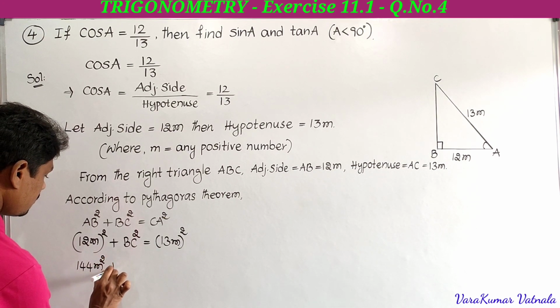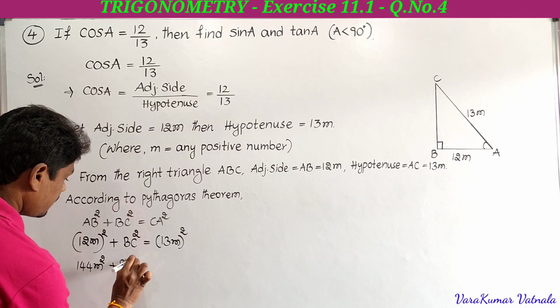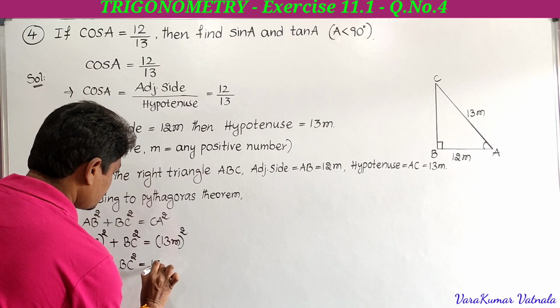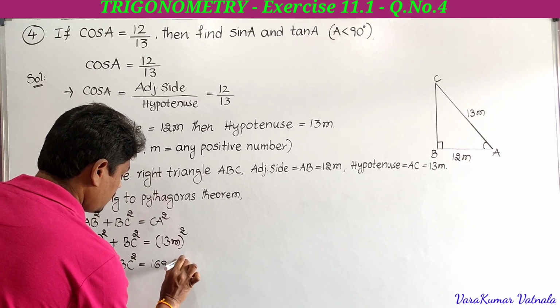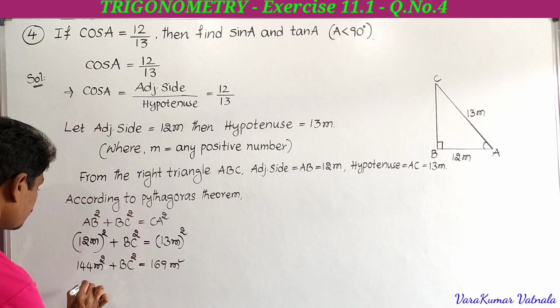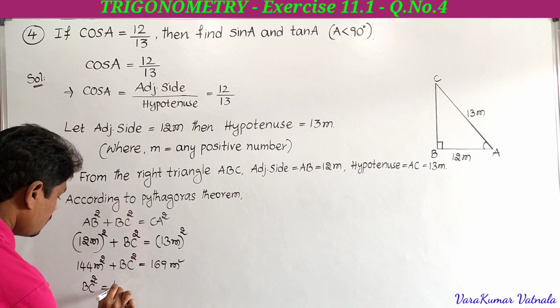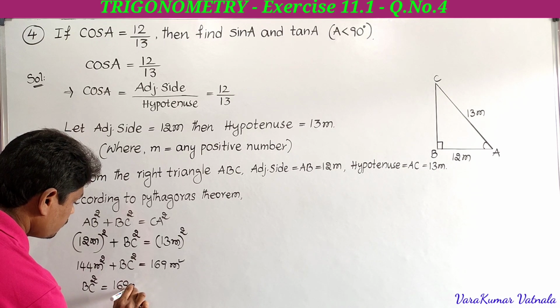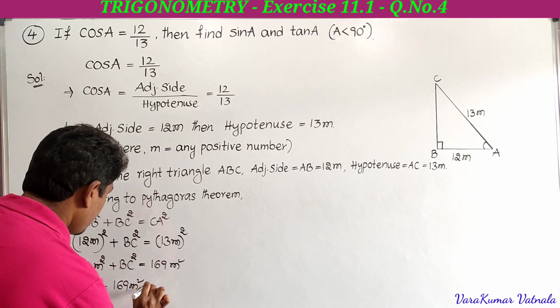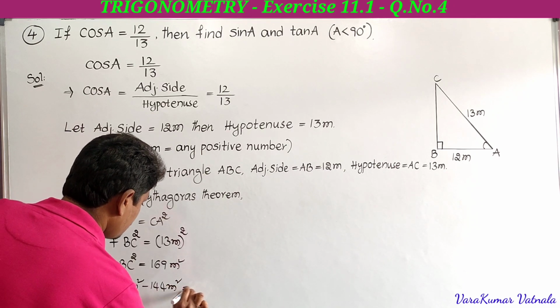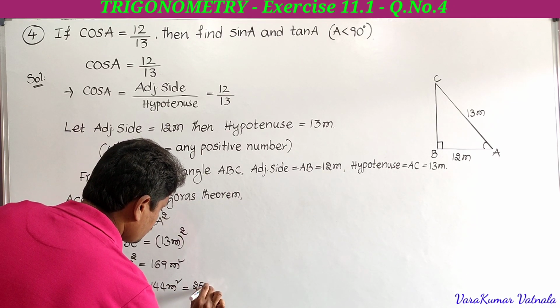144m square plus BC square is equal to 13m whole square, which becomes 169m square. Now take 144m square to the right side, we get BC square is equal to 169m square minus 144m square, which is 25m square.